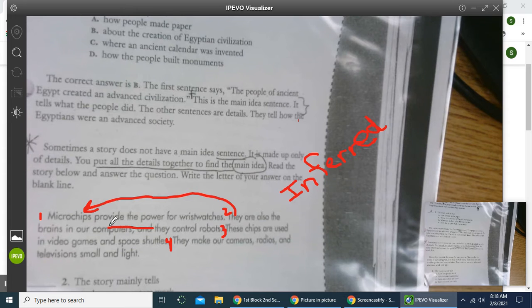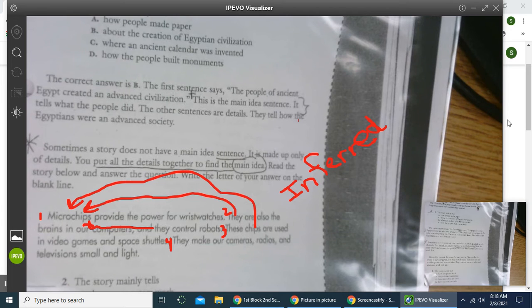Again, that goes back to microchips, okay? These chips, again, mentioning chips, it goes back to microchips. But all of this isn't talking about the power for wristwatches, but it is talking about these microchips. These chips are used in video games, space shuttles. They make our cameras, radios, and televisions small and light.